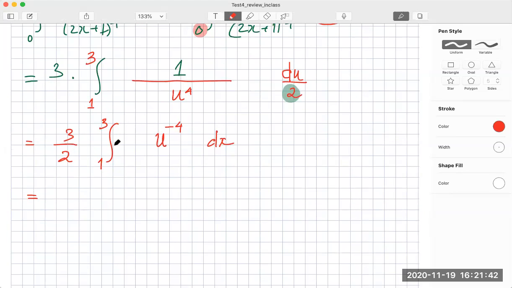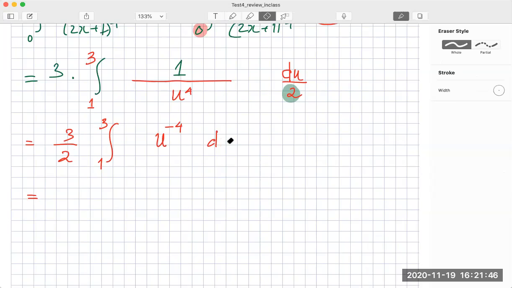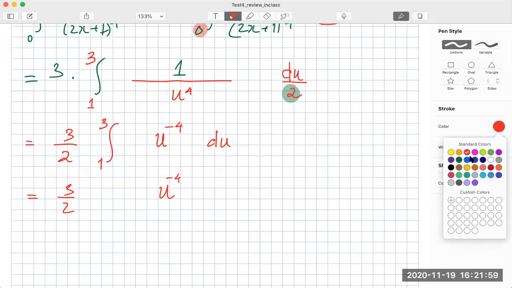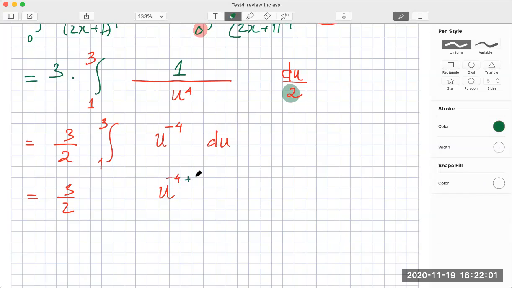Now, the antiderivative of this guy will be u to the power here, but then we need to add 1, and then we multiply by a fraction whose denominator is this new power.